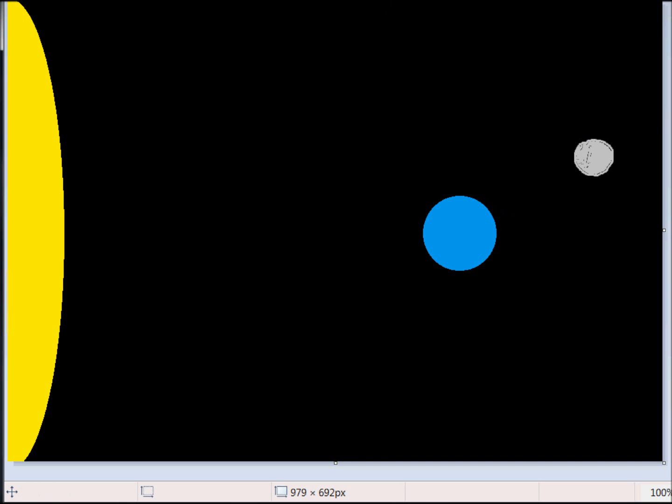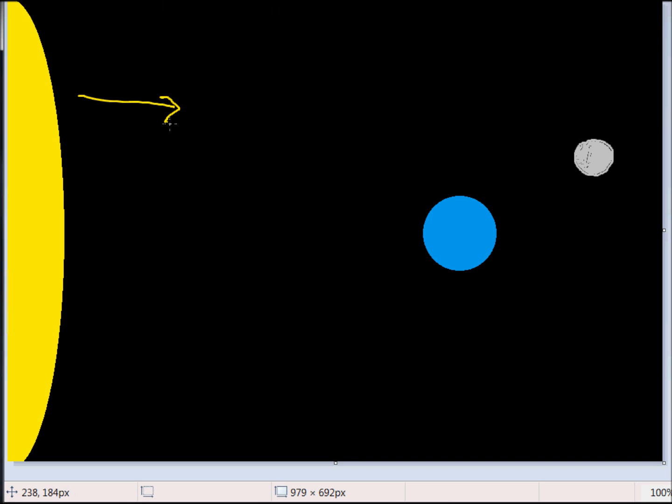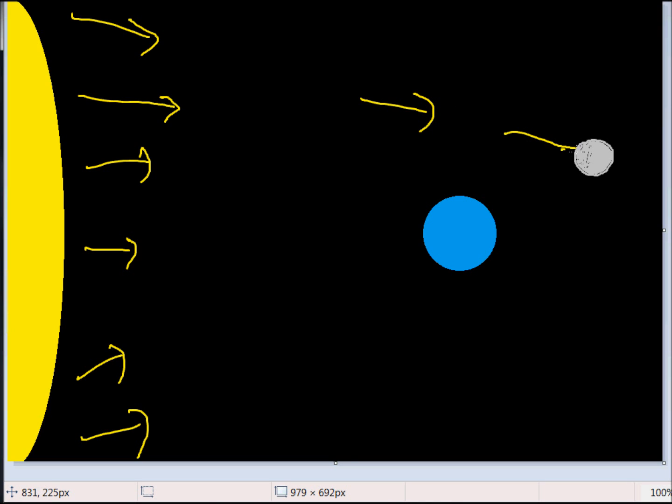If the moon is over here, then all of the light from the sun, or loads of light from the sun, can freely travel from this direction, hit the moon, bounce off the moon, and on Earth at night, so on this side of the Earth over here, during the night time, we can see the moon.